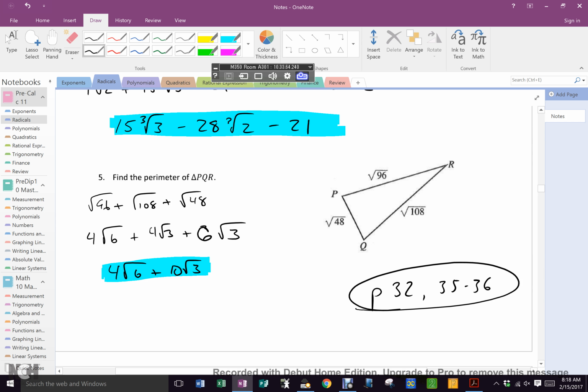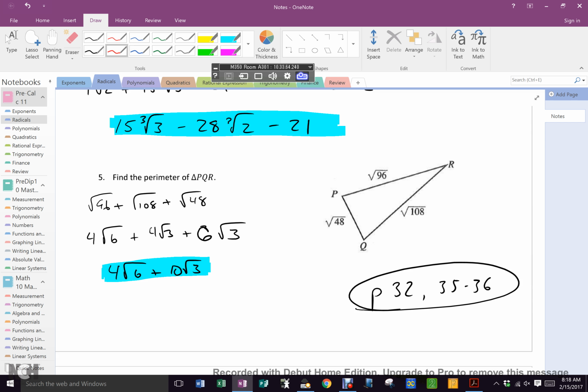There's nothing you can do with the square root of 36 other than make it 4 root 6. But that's wrong. Because the square root of 96 simplifies. And the square root of 12 simplifies. But the final answer that you get is similar to yours.